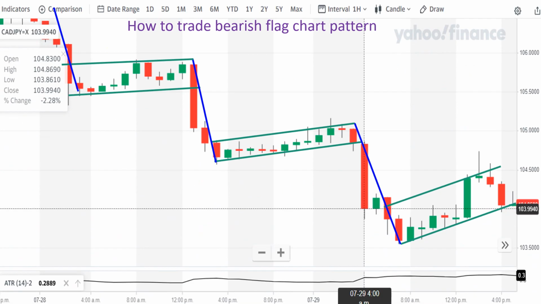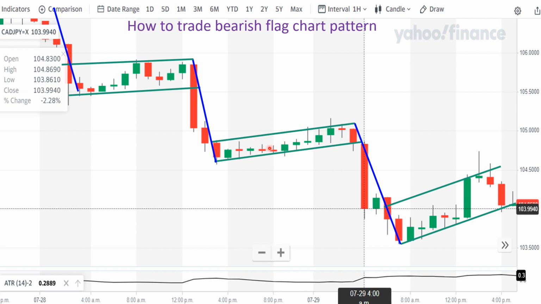How to trade the bearish flag chart pattern. This is the price trend of Canadian dollar versus Japanese yen, H1 time frame. As you see, we have 3 bearish flag chart patterns, and this is the one that I'm going to use to enter the trade. You see the price is in consolidation, and the bodies of the candles are very tiny.